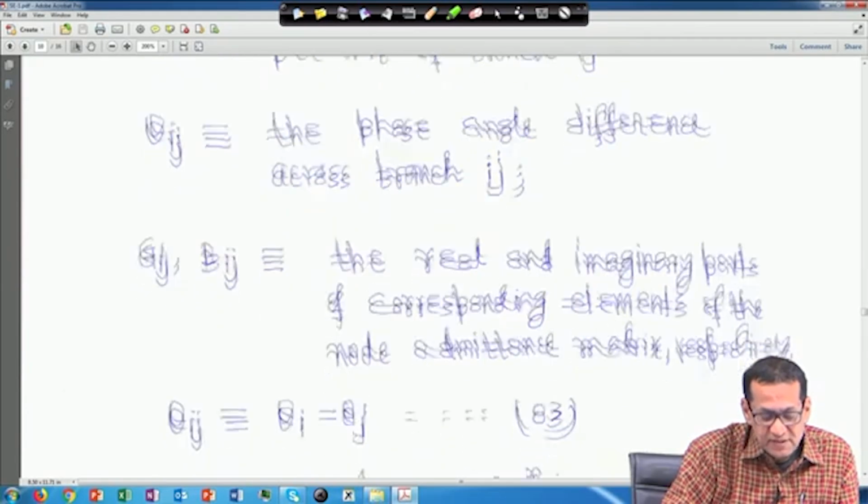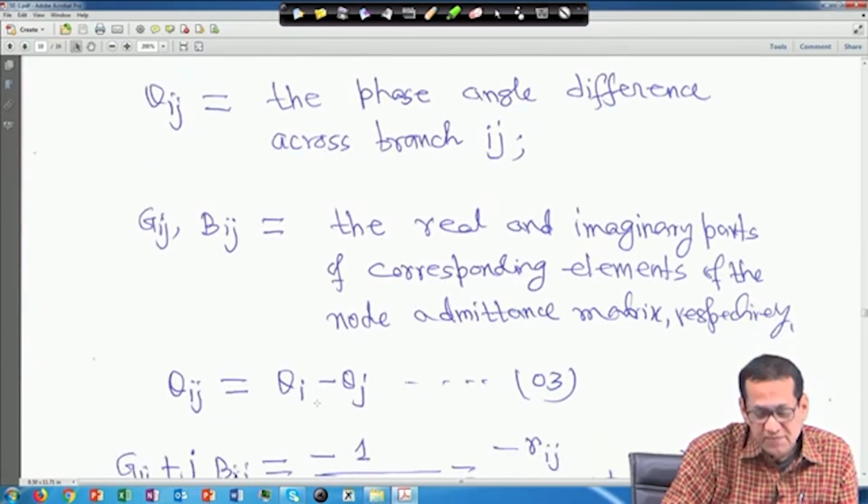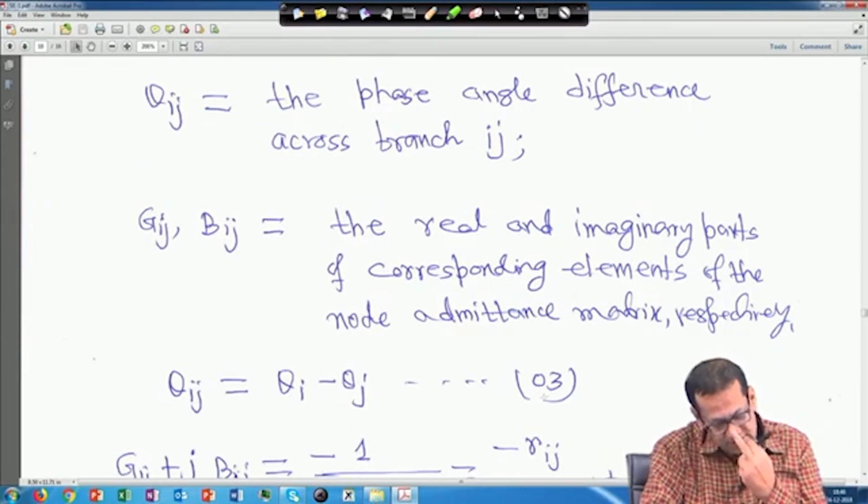And θ_ij we know is θ_i minus θ_j, this is equation 03.